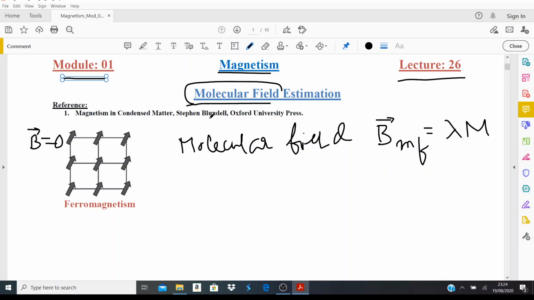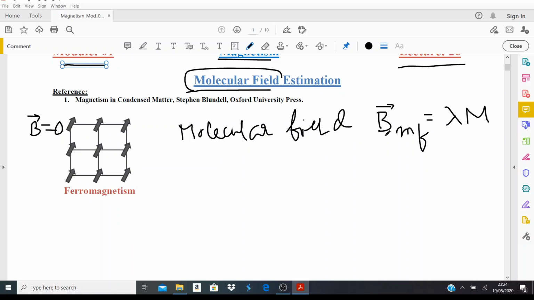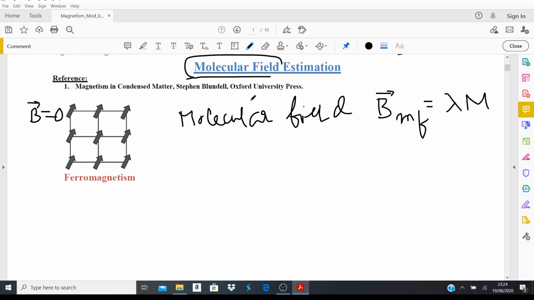Here, the simple assumption is that the moments align due to this molecular field, although we don't know yet what the origin of this molecular field is. Now, to understand how to model this molecular field, we need some help from our paramagnetic discussion.